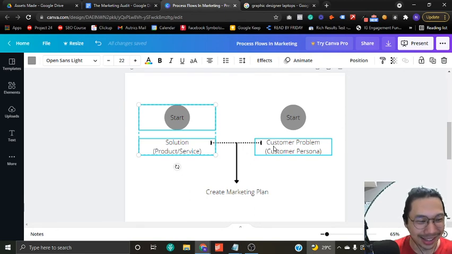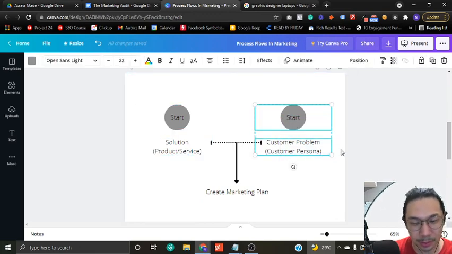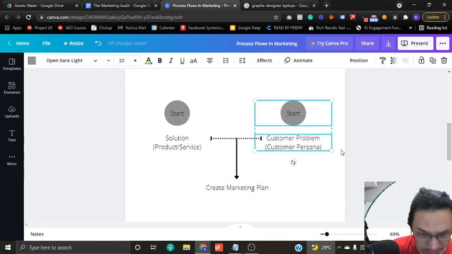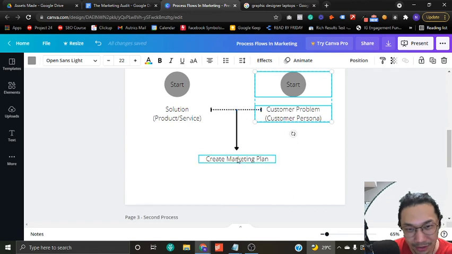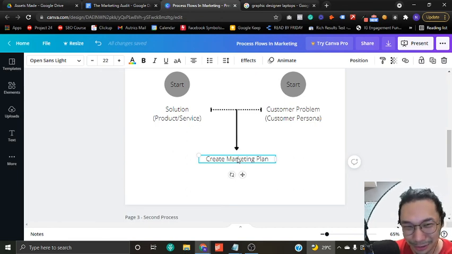They have a blueprint: okay, we're building this, what do we need, how do we make it, etc. And the customer problem or customer persona also has its process flow, which is how you create a customer persona. Then when you combine the two, it's like, okay, I know who it's for, I have the thing, how do I market it, how do I advertise, how do I get the word out that I have the solution to these problems.